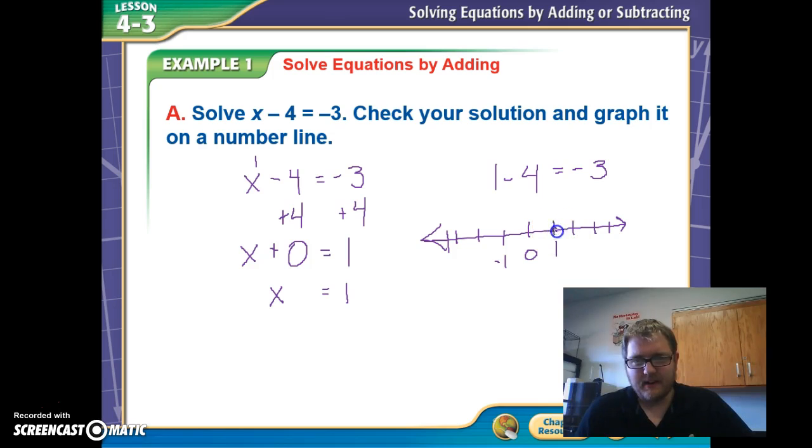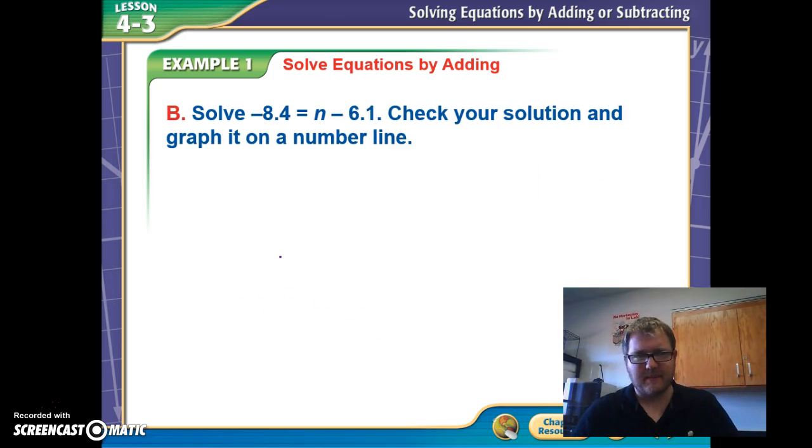So I start at 1, and I go back 4. So minus 4. 1, 2, 3, 4. I ended up at negative 1, negative 2, negative 3. So our answer is good. X is equal to 1. Alright, so let's take a look at the second example.